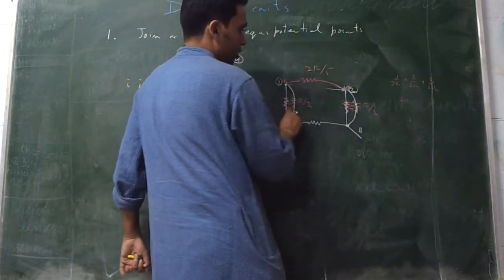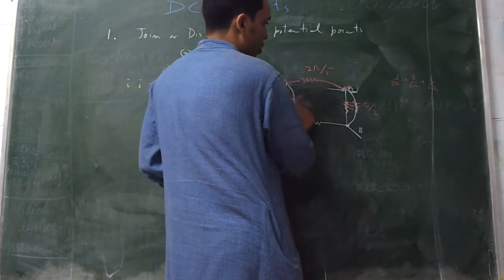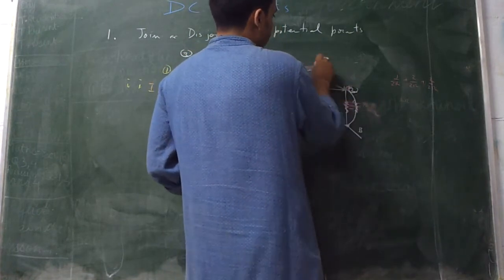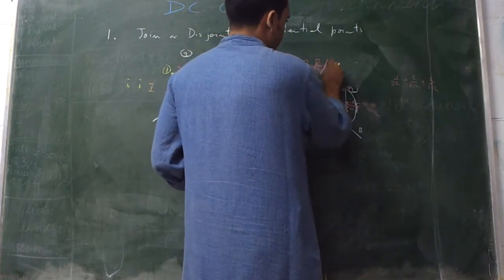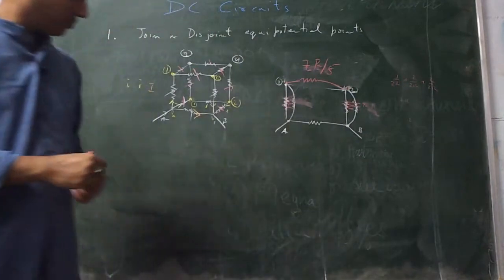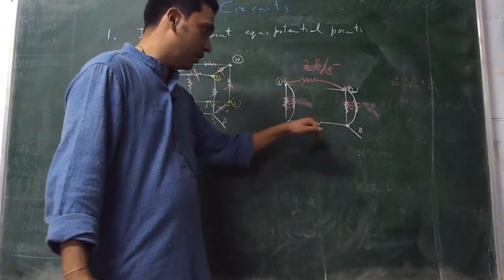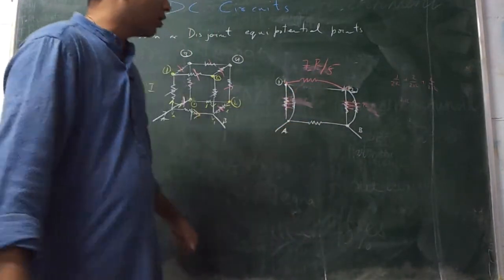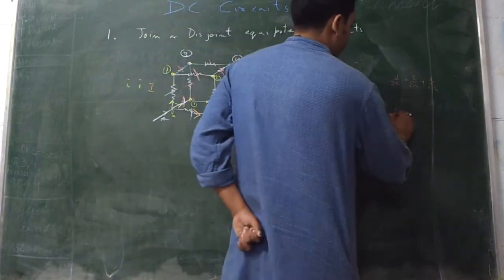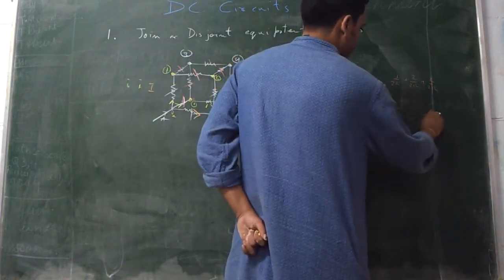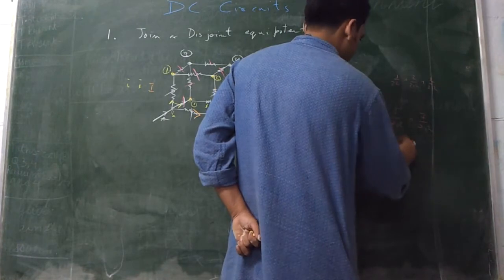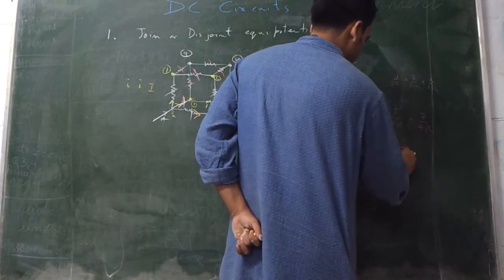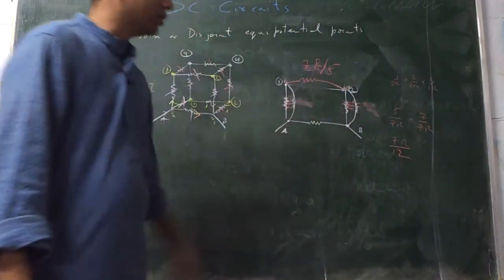So these three in series will make a resistance of 7R by 5. Now 7R by 5 in parallel with R will give you 5 by 7R plus 7 by 7R, which is 12 by 7R, so 7R by 12. So that will be the resistance between A and B.